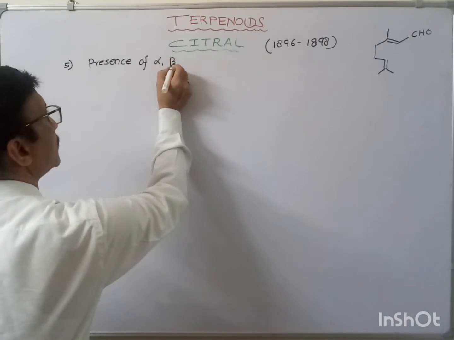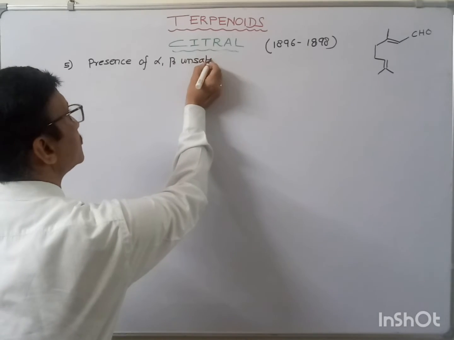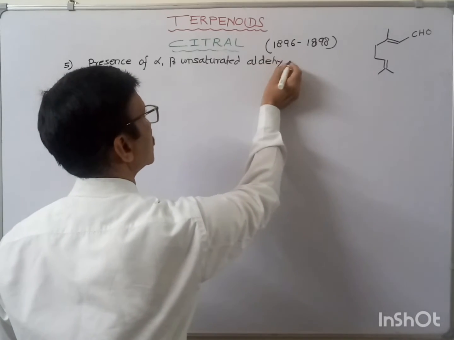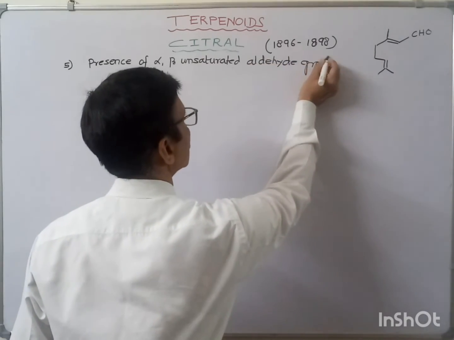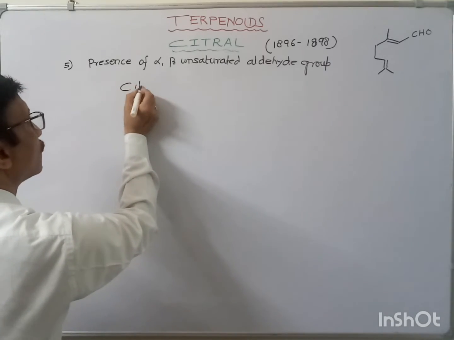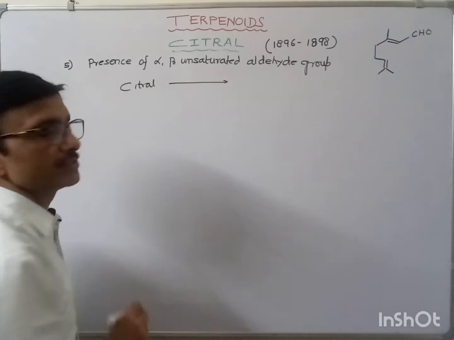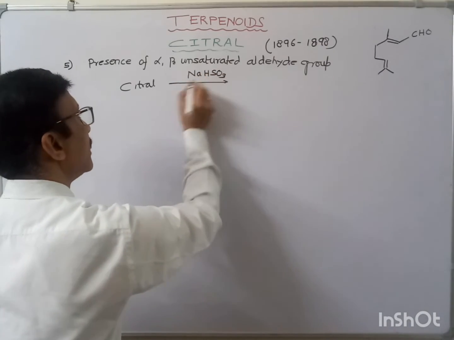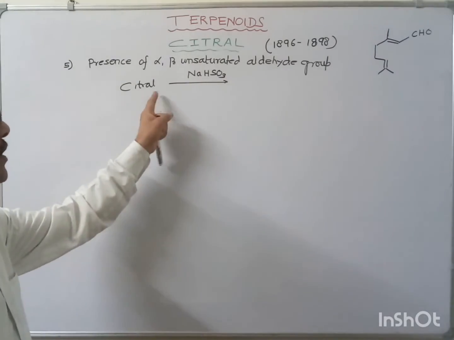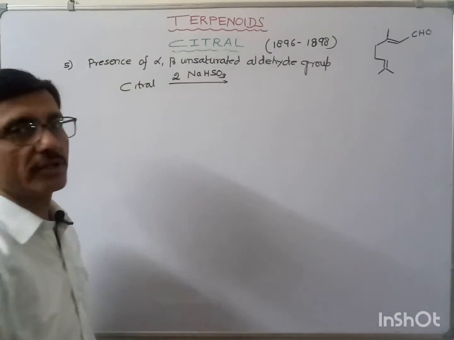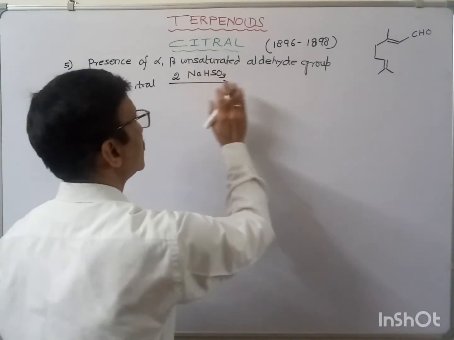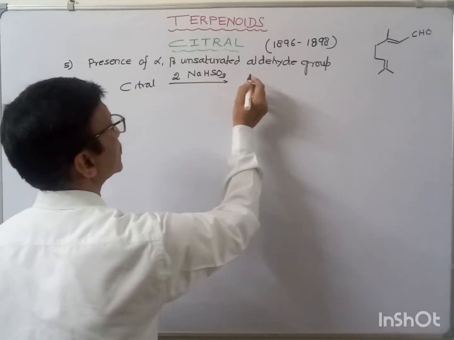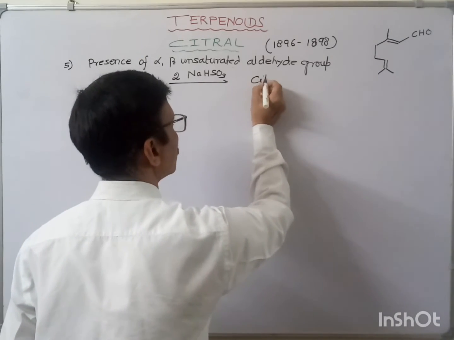For this, citral was treated with sodium bisulfite, and it was found that citral consumes 2 molecules of sodium bisulfite, so it gives the bisulfite compound, the disulfide compound. So citral disulfide was formed.